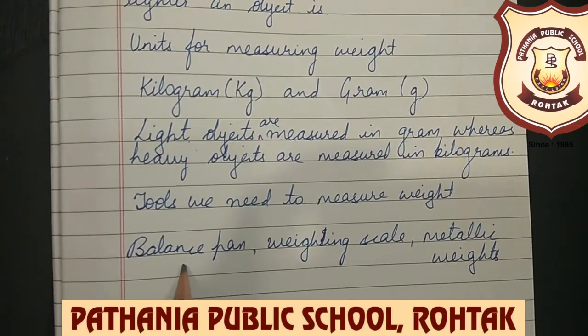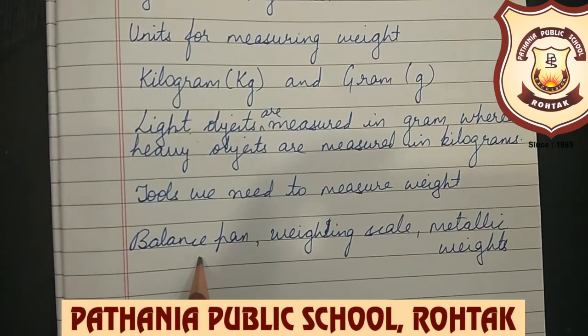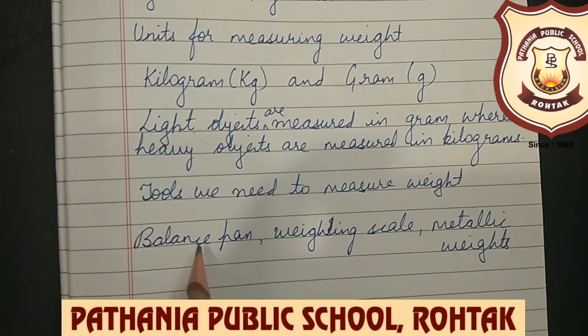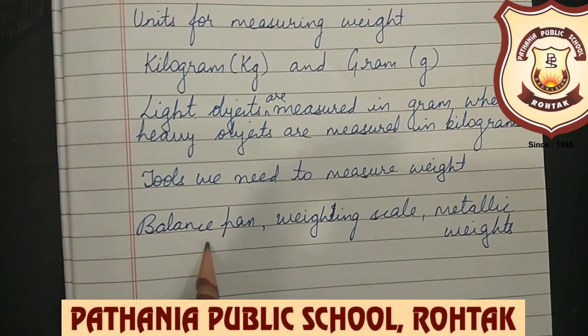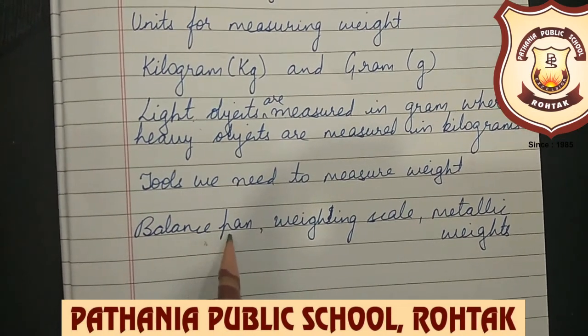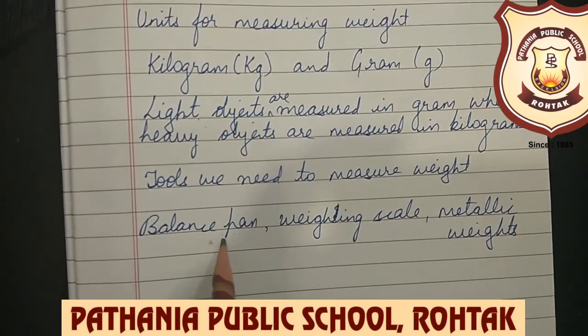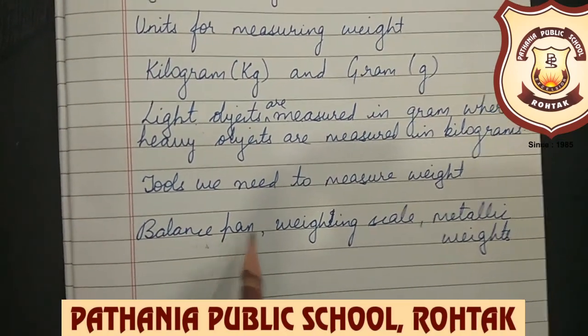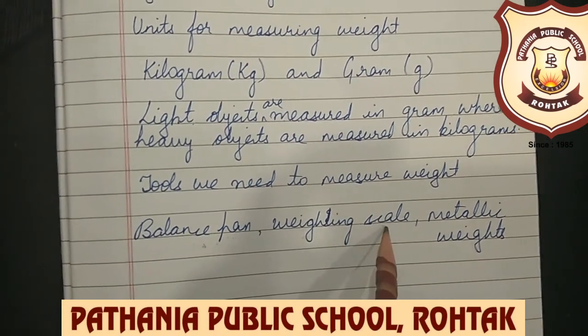What is a balance pan? You must have seen a balance pan if you have gone to buy vegetables and fruits. The vendor, the seller, the greengrocer has a balance pan with him, on which he measures fruits and vegetables and then gives them to us. Weighing scale, beta, is a digital type of machine.